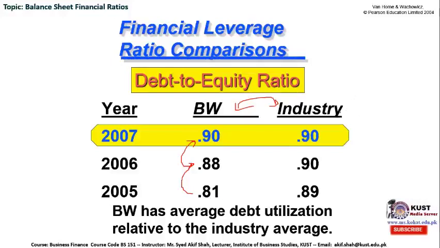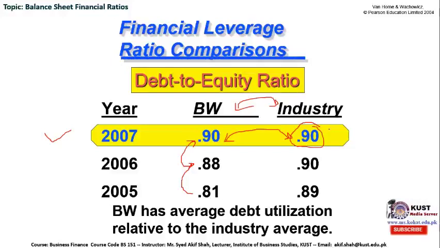Now let us compare Basket Wonder with the industry in which it is operating. These are basically the benchmark or mean values of all the companies operating in similar businesses. As we have selected the 2007 balance sheet, let's compare the 2007 debt to equity ratio of Basket Wonder with the industry, and we see that Basket Wonder has performed really well because its debt to equity ratio is exactly the same, 90%, and the industry average is also 90%.